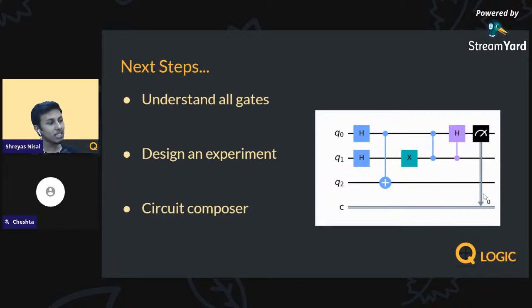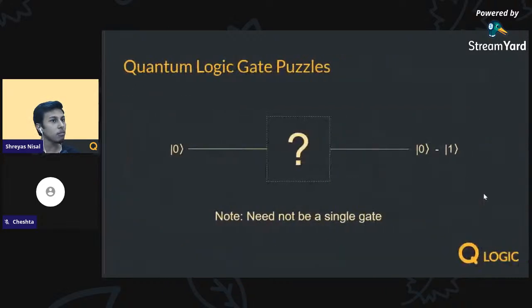This is where I got stuck. I wanted to play around with circuit composers because I thought they were really cool, but I couldn't think of enough experiments to run on these. So I thought, just like we had those puzzles in classical logic gates, why not have puzzles with quantum logic gates?